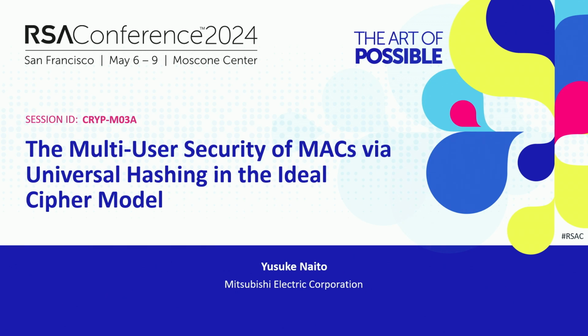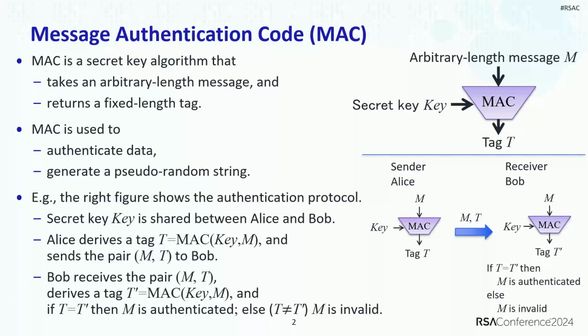Today I'm going to talk about the multi-user security of MACs based on universal hashing in the ideal cipher model. The message authentication code, or MAC, is the target algorithm of this research. MAC is a secret key algorithm.